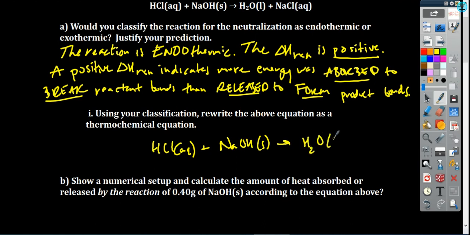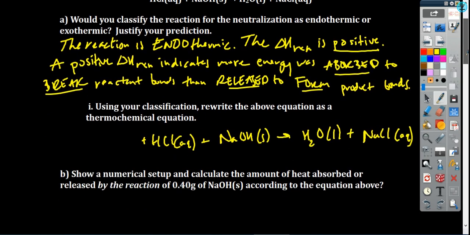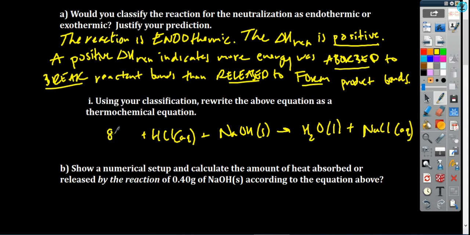It's absorbed in order for the reaction to take place. So I'm just going to rewrite my equation as I have it above, and then I'm going to include the heat term over on the product side, which is 84.3 kilojoules. Boom. Thermochemical equation.